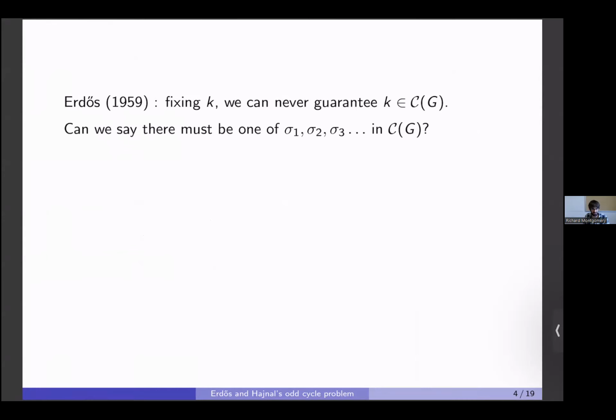So instead of looking for a specific cycle, can we say that there must be one from a sequence, say sigma 1, sigma 2, sigma 3, appearing in the cycle lengths? This is the question, for example, of the form that Benny mentioned at the start. Can you find a cycle whose length is a power of 2 in a graph, just by imposing some average degree condition or chromatic number condition?